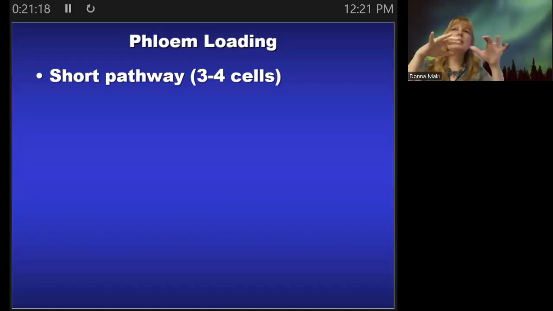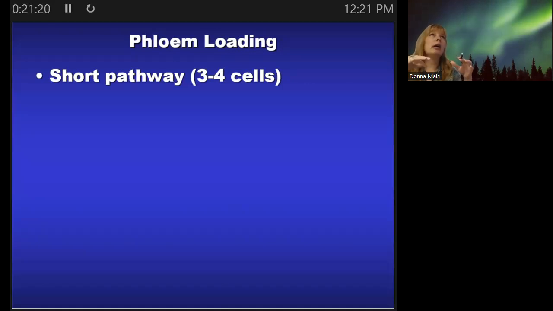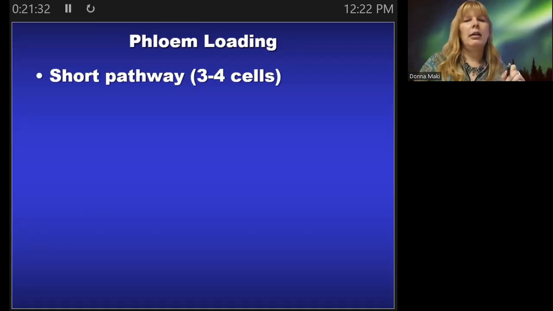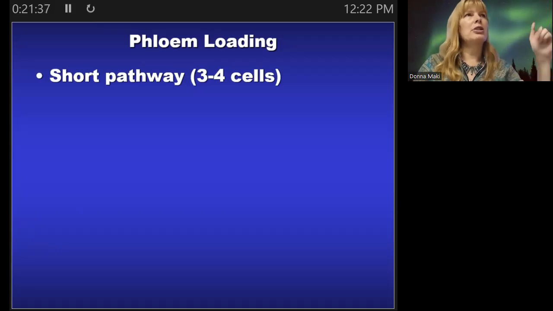What that's basically saying is leaves are very well innervated. I can't remember the exact spelling of that word, but it just means it's a really good venation pattern, very good micro veins, so that you don't have a ton of cells in the way before that sugar can end up in a vein.